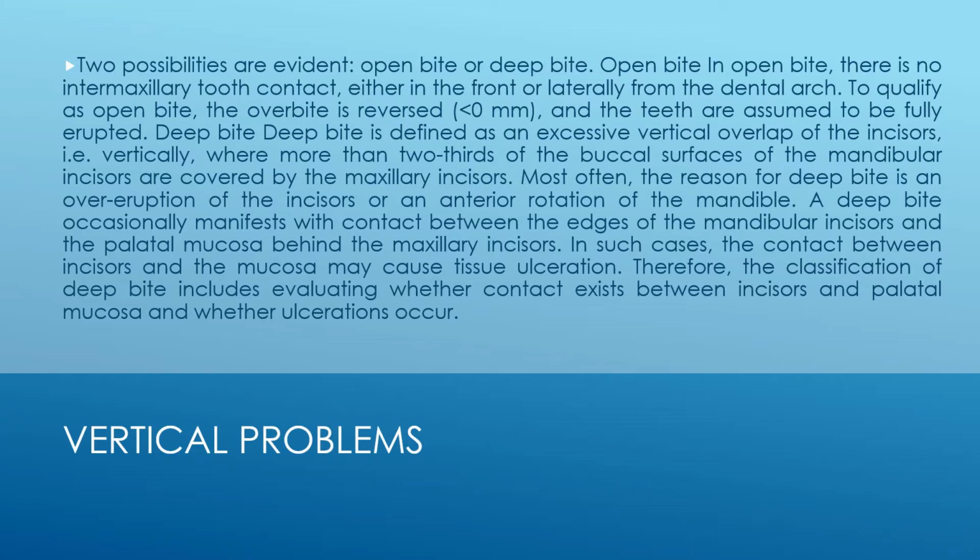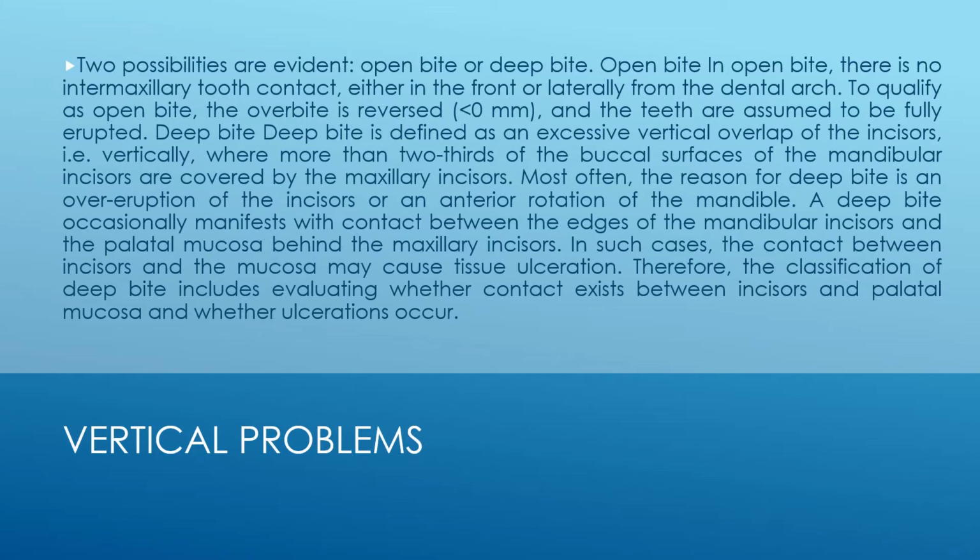It is much easier to correct an increased overbite in a growing patient because growth of the mandibular condyles can help compensate for any posterior dental extrusion that may be used to facilitate overbite reduction.